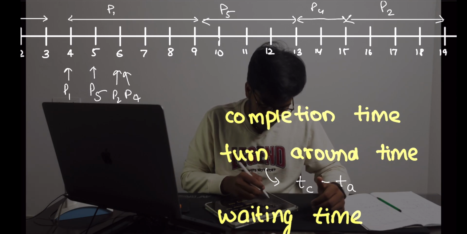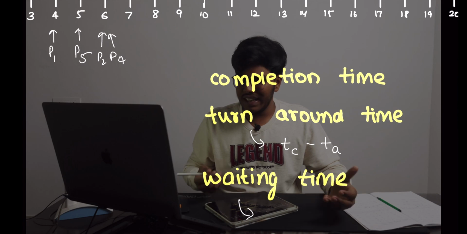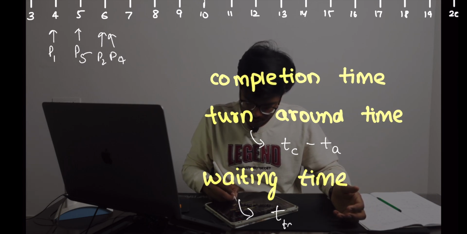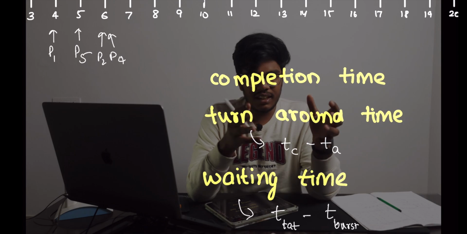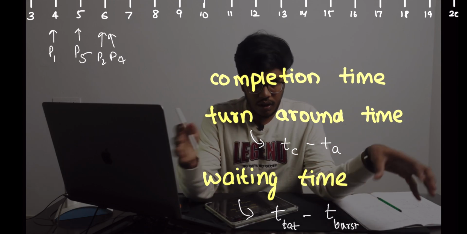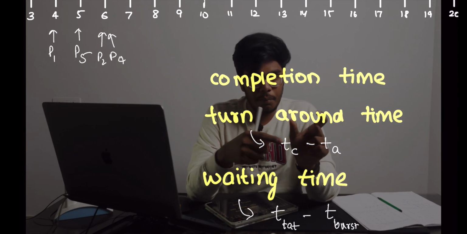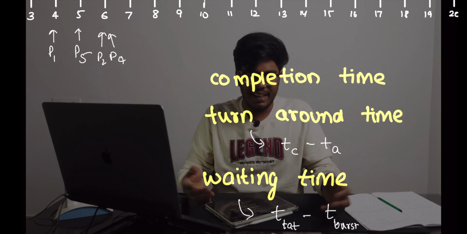So P5 is waiting for 9 minus 5, which is 4 seconds here. Waiting time is calculated as the difference between turnaround time (TAT) minus the burst time. Turnaround time is the total time the process resides in the operating system queue, and burst time is how much time the process takes to finish, and the difference between those gives you the waiting time.